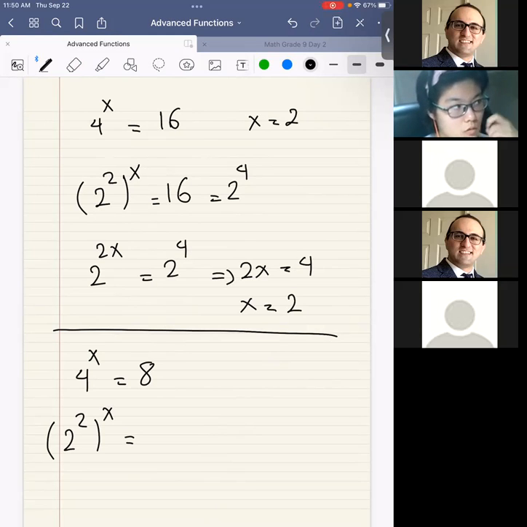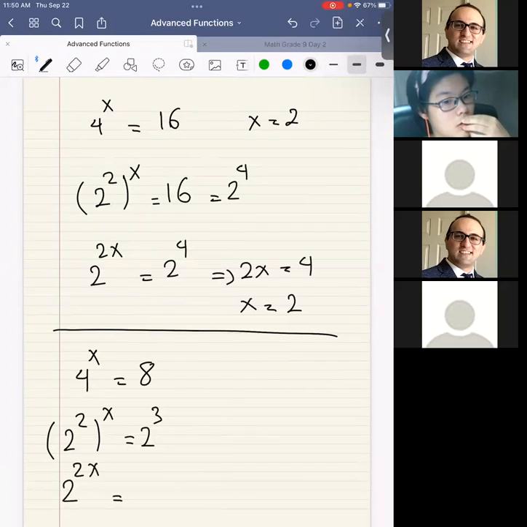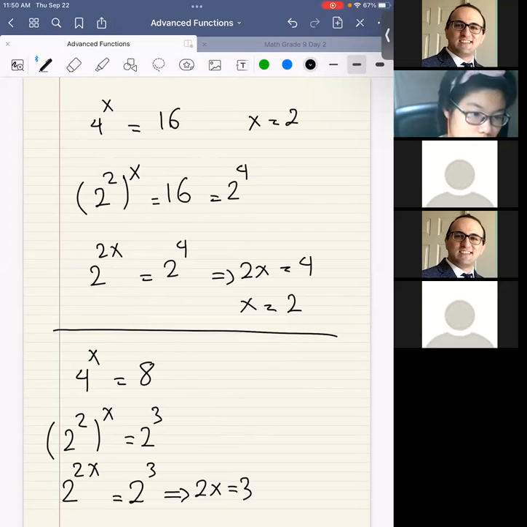It is 2 to the power 3. So 2 to the power 2x is equal to 2 to the power 3. So what is x? It is 3 over 2.